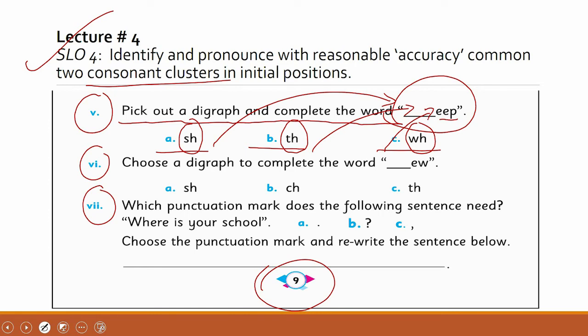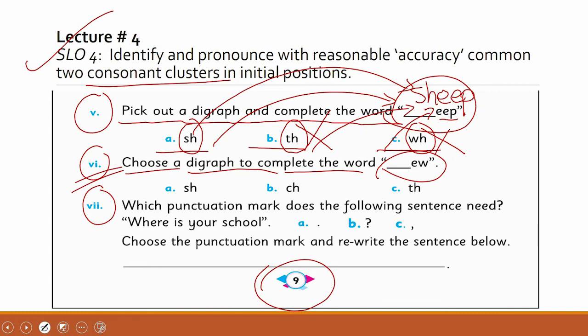Well, there is no such word as theep or weep in this sense in English, but the word sheep, yes, it is there. And as we all know, sheep is a farm animal.